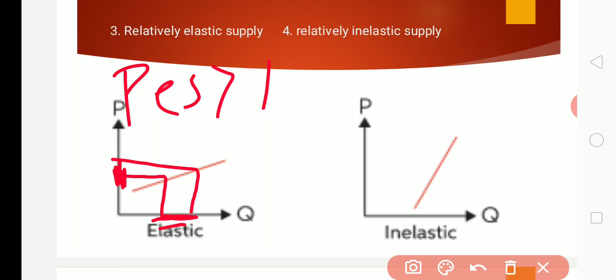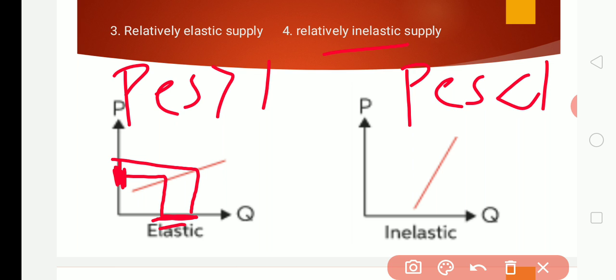The next one is relatively inelastic supply. Relatively inelastic supply means the degree of elasticity is less than 1, PES is less than 1. Why do we call it less than 1 here? Then the elasticity of supply is said to be relatively inelastic. In this case, a change in price brings a proportionately small change in the quantity of supply.